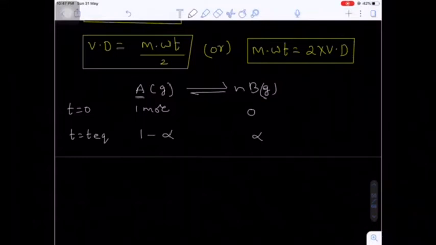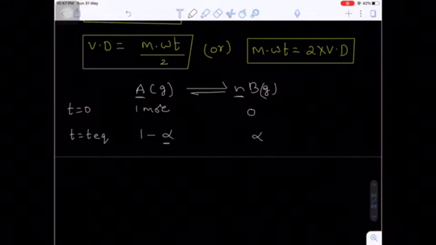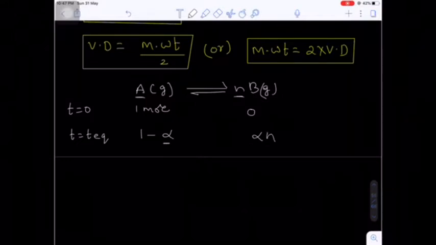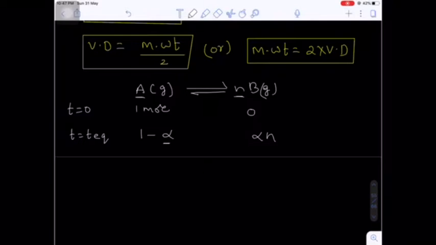The stoichiometry is: 1 mole of A gives n moles of B, so alpha moles of A will give alpha into n moles of B.